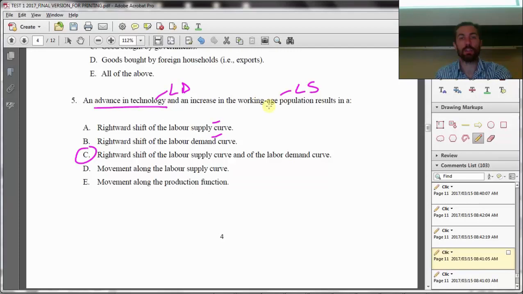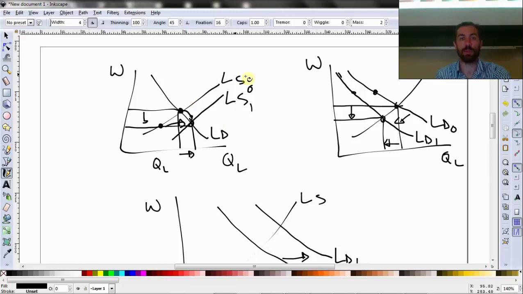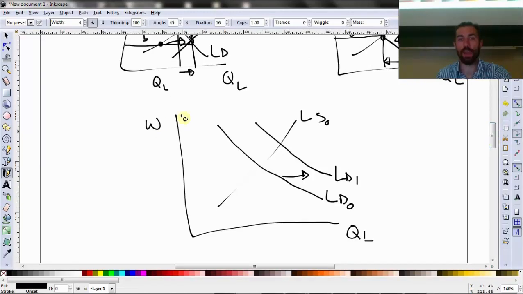You've got an increase in the working age population. The same as what we discussed previously, it means that at any given wage rate, you now have more people willing to supply labor. So at this wage, there will be more people willing to supply labor, and at this wage, there are more people willing to supply labor, right?